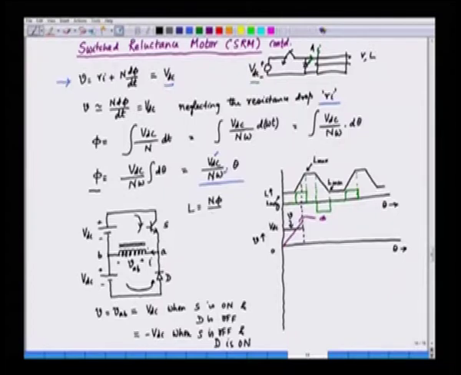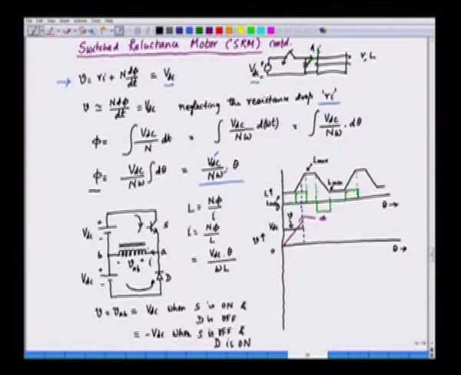N phi by I is inductance, and we can say that current is nothing but N phi by L, and we know what is N phi. So, we can substitute phi here. So, if you substitute phi here, I is given as VDC into theta divided by omega L.